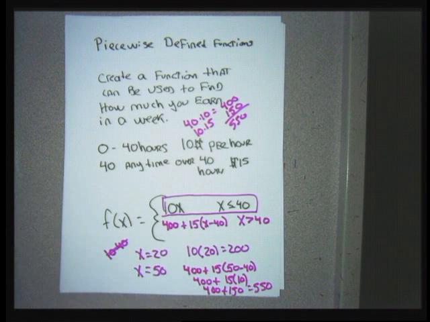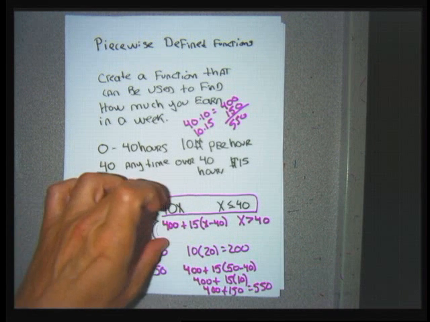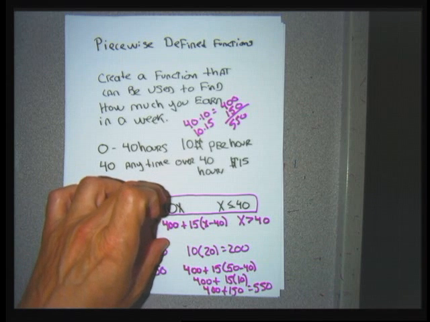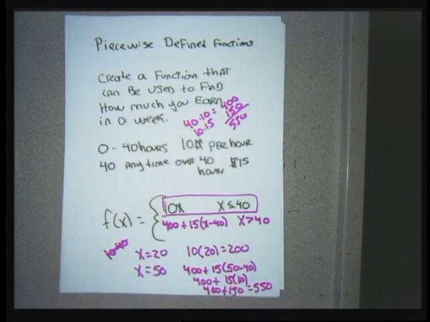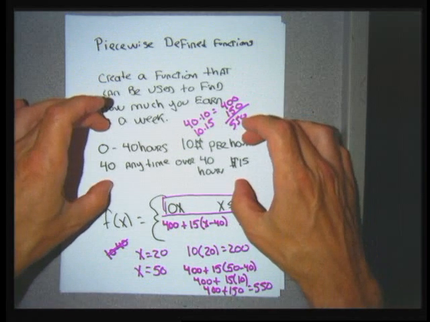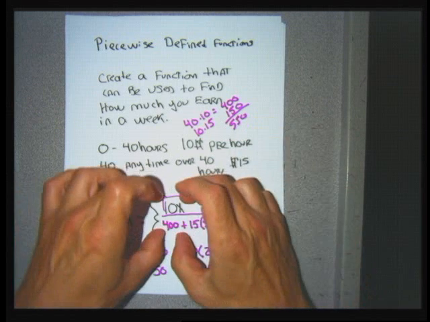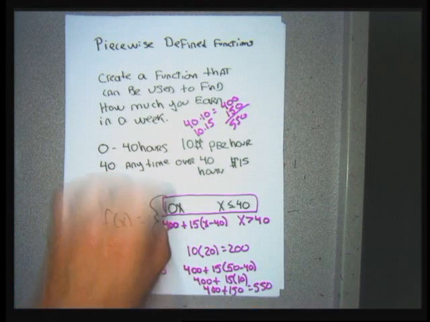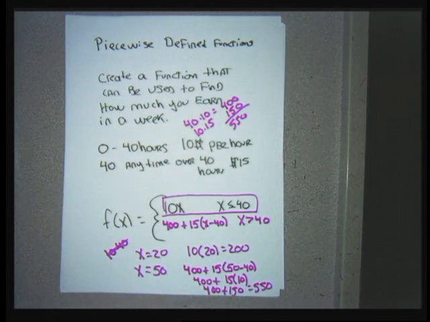Granted, it's hardly worth making a function defined in pieces to compute your pay, because you can do that without a function. But this is just trying to give you a concrete example of when it might make sense to define a function in pieces. It makes sense to define a function in pieces if for different values of x, it needs a different equation, essentially.